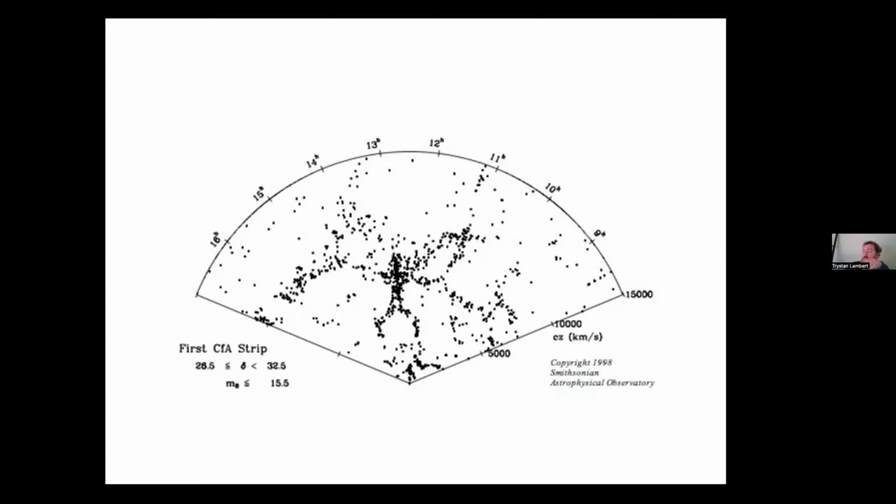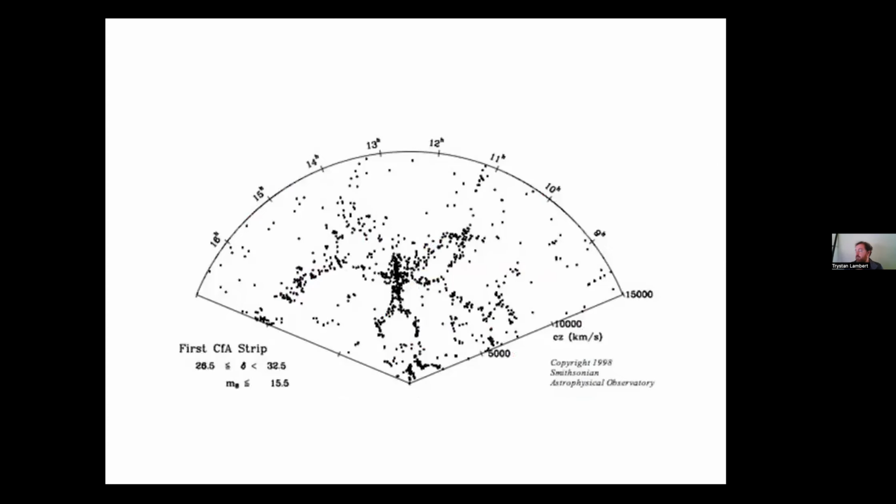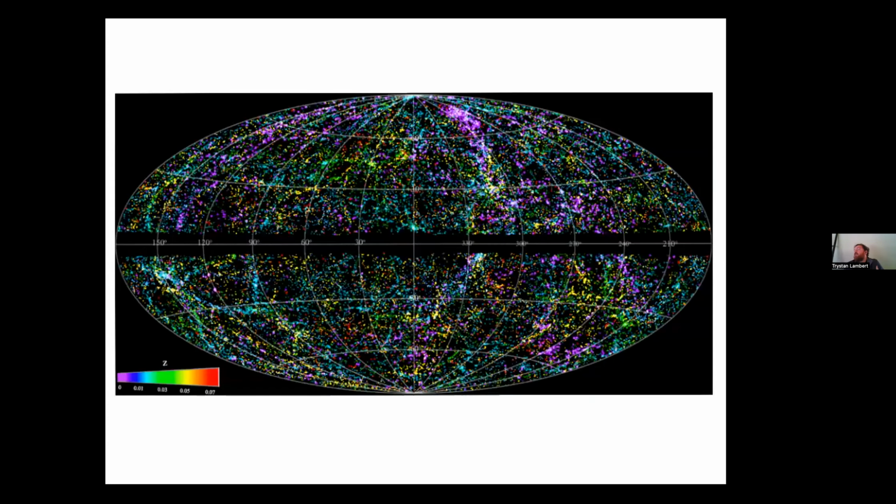We would get redshifts or redshift independent distances, and you can plot them like this, and you look for over densities, and we see there's a cluster, and that's what we used to do. And the way that we have been looking for these over densities has not changed much. This is what we published. So we go from this to this, and we think we've made a huge amount of progress.